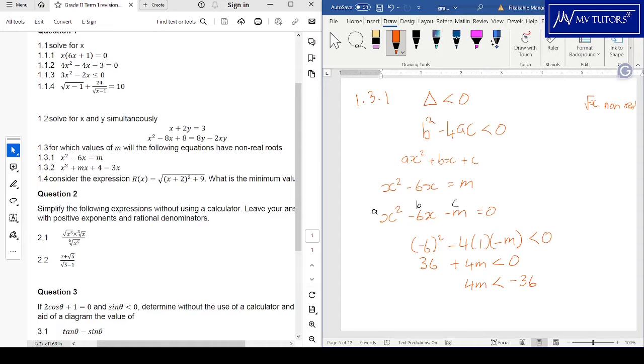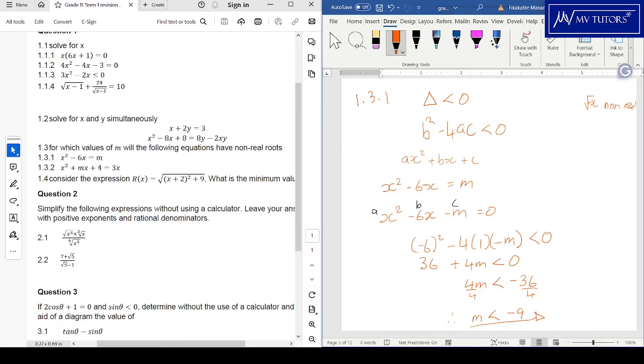Divide both sides by 4, and I get that. Therefore, m is less than negative 36 divided by 4, which is minus 9. Okay, so that's my final answer.